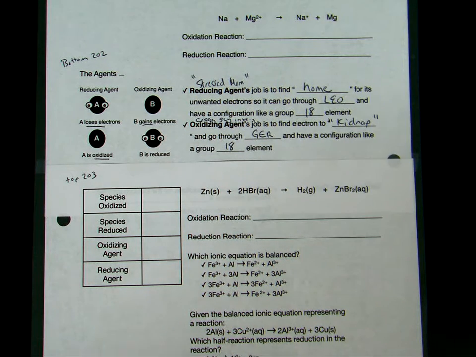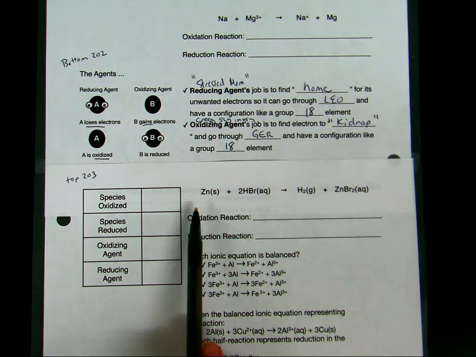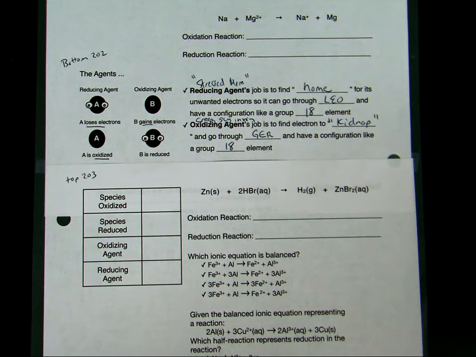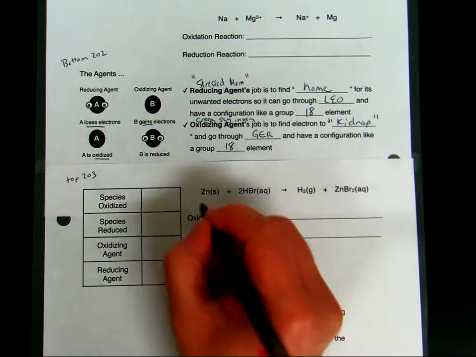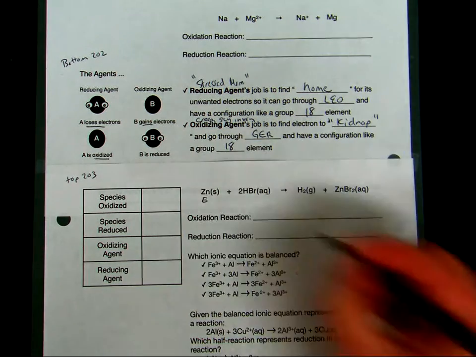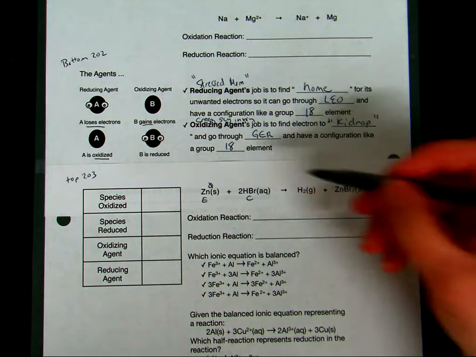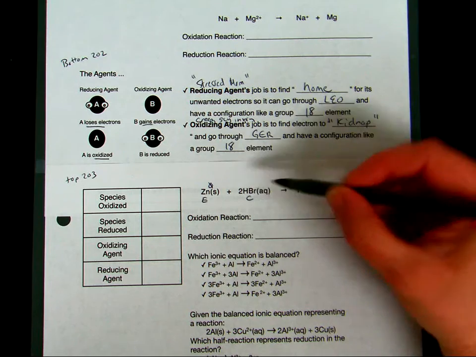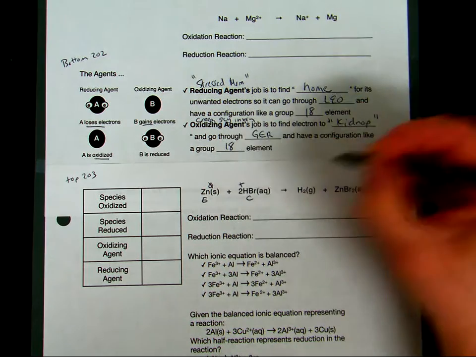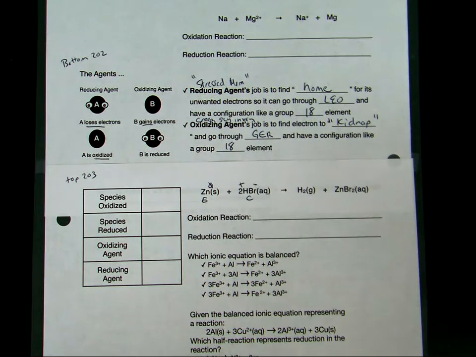So at the top of page 203, we have this reaction, and you should be able to assign oxidation numbers pretty quickly. So Zn, representing an element, 0. HBr is a compound, so we need to assign oxidation numbers that sum to 0. Hydrogen's present, bonded to a nonmetal, +1. The other guy must be using -1.